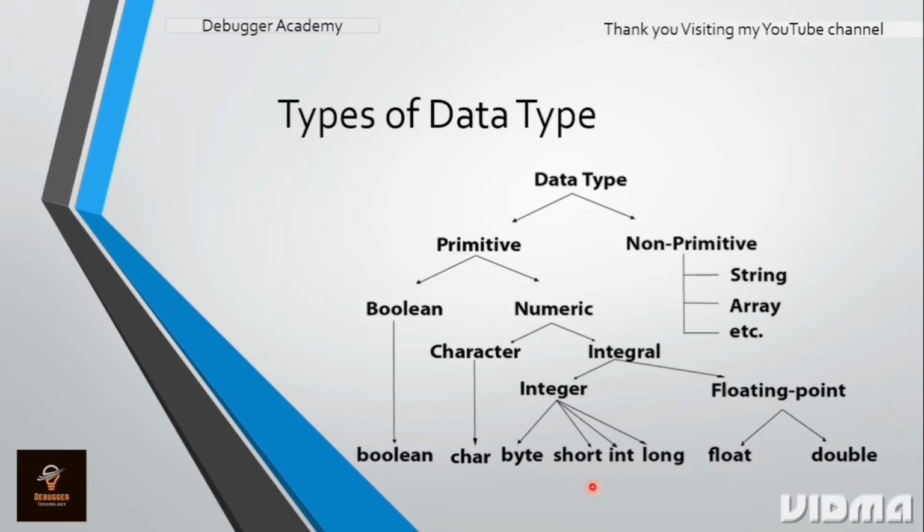We have 8 primitive data types. But non-primitive data types, such as strings and arrays, have some special capabilities and can hold more than one value.